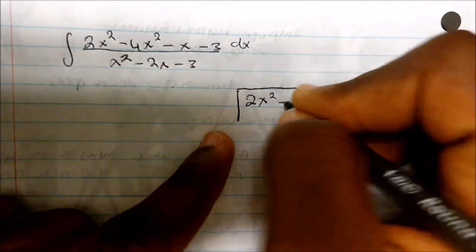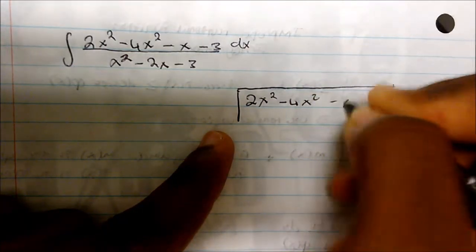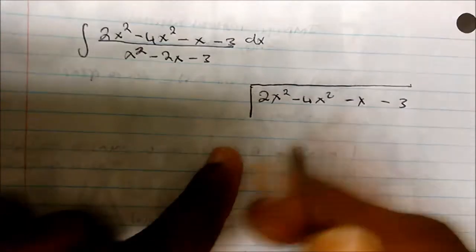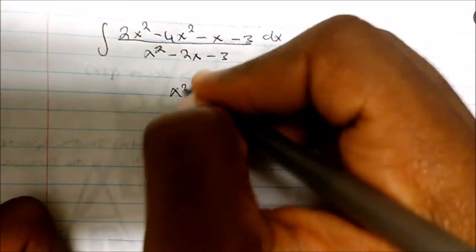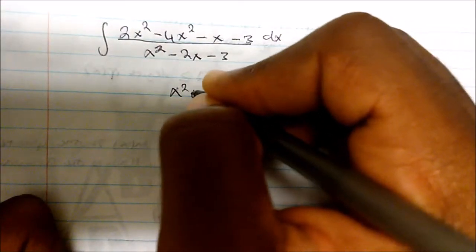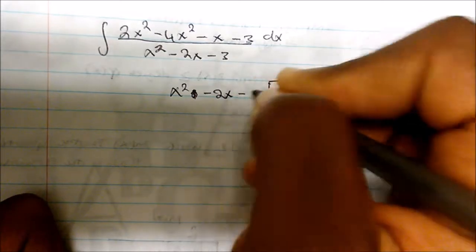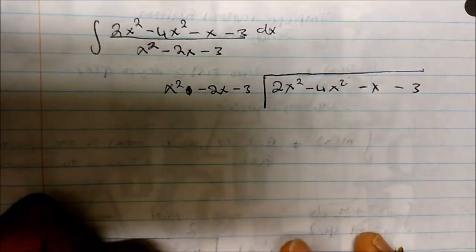Again, I'm sticking the numerator underneath the fraction bar, so this is 2x cubed minus 4x squared minus x minus 3, and just dividing by the outside, so this becomes x squared minus 2x minus 3.